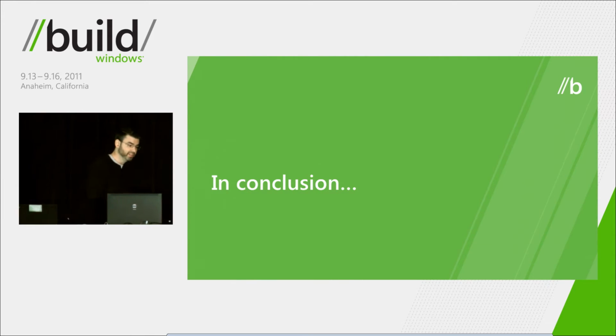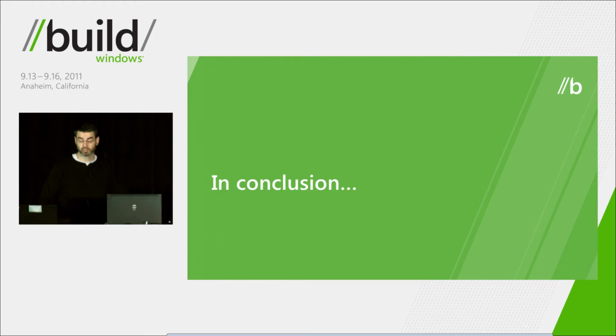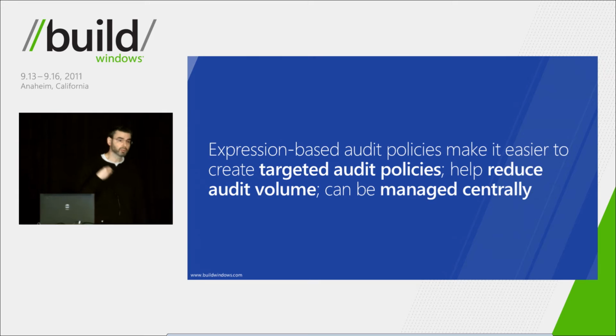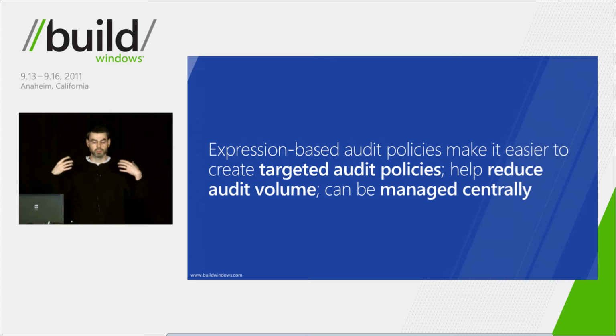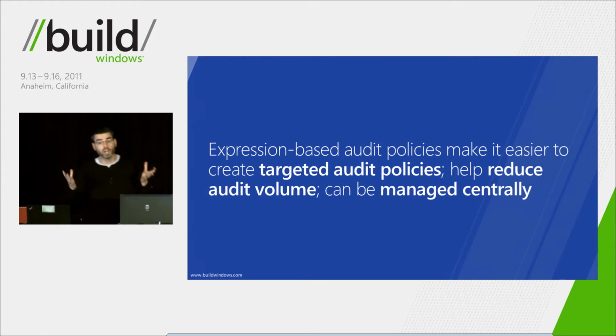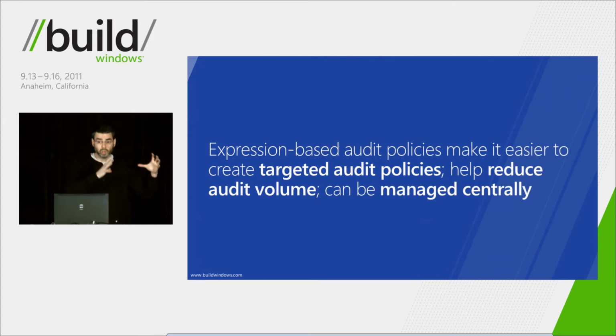So I will summarize now what Jay and I have talked about today in terms of the auditing features within dynamic access control. First, the same powerful expressions that dynamic access control uses to make the access control policies so robust in terms of user claims, device claims, and resource attributes can also be used for us to apply audit policy to files that controls our audit volume better than we ever have before.